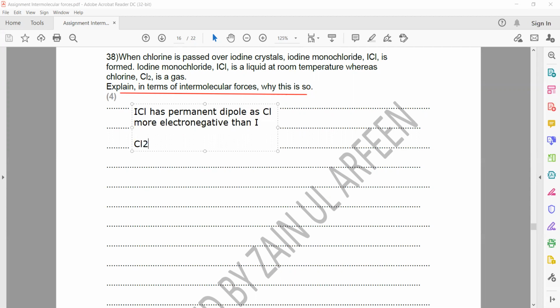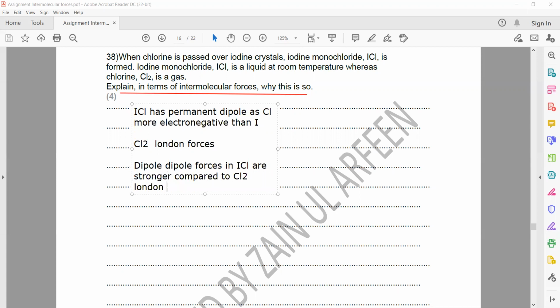Then Cl2 will have London forces, and permanent dipole forces are stronger in ICl compared to London forces or dipole-induced dipole forces in Cl2.